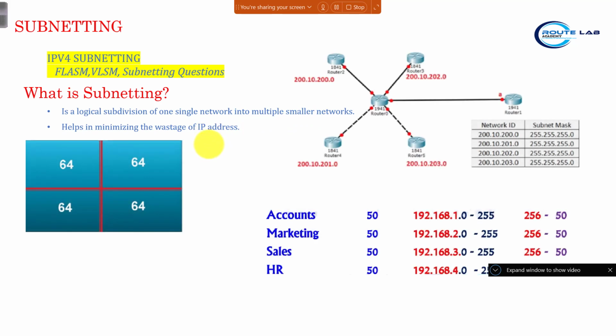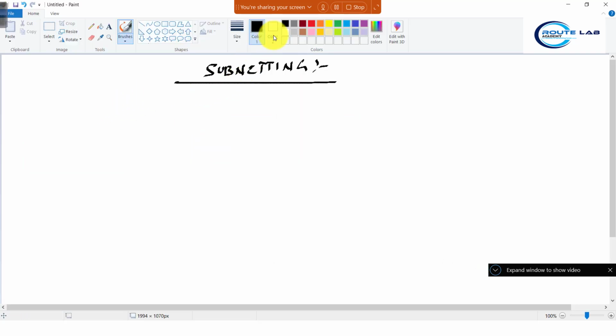Okay, so let's take an example here. Let's say in your organization you have an IT department, a sales department, a marketing department, and an HR department.